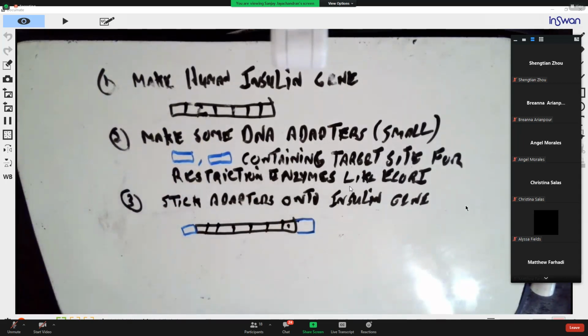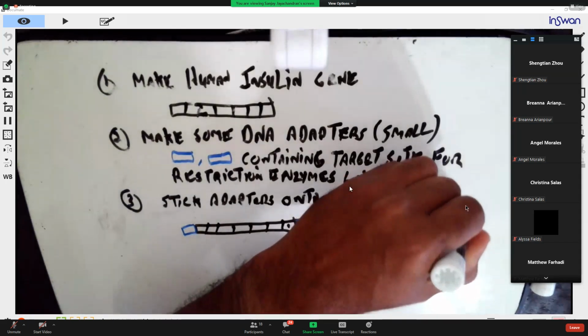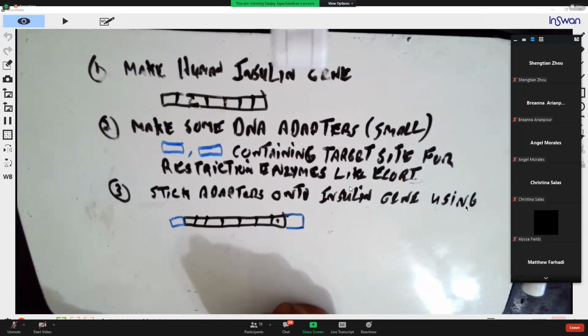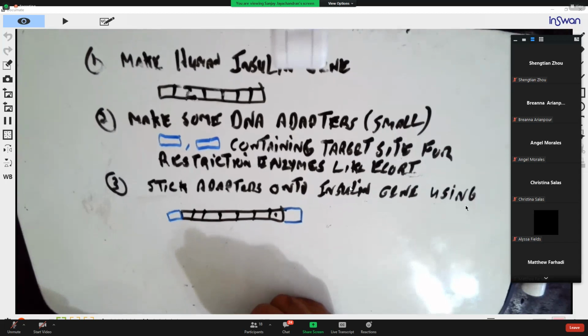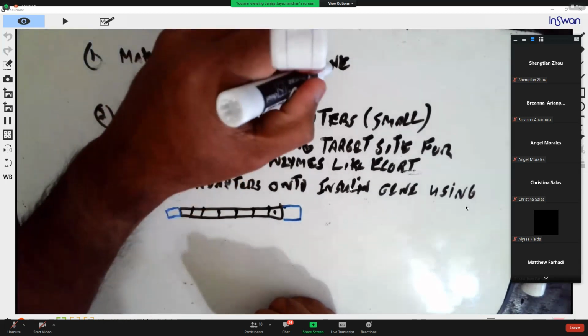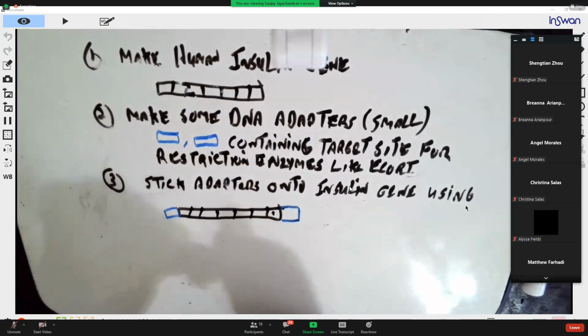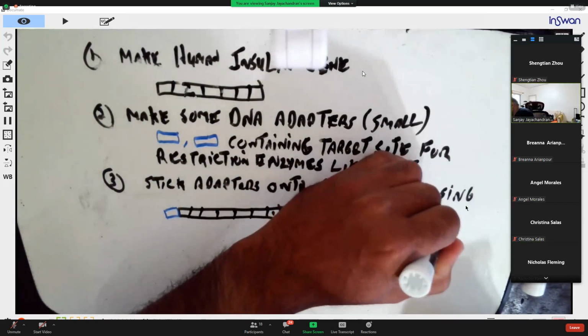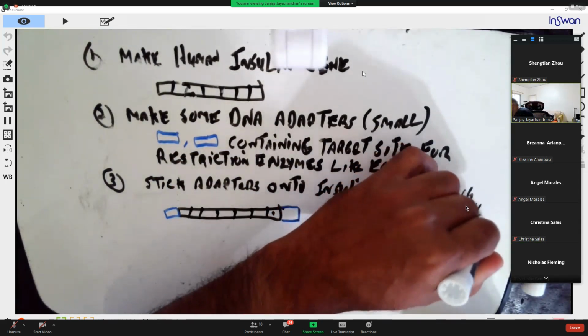What enzyme am I going to use to stick them on? Using which enzyme? So what's my glue-based enzyme? Yeah, ligase, exactly. So using T4 DNA ligase, very good.